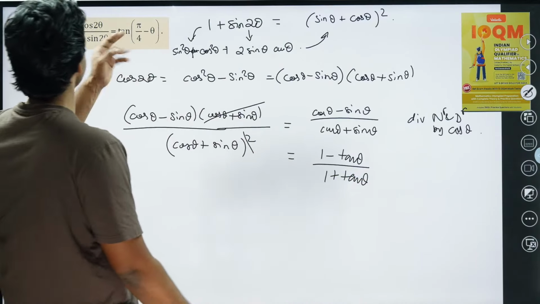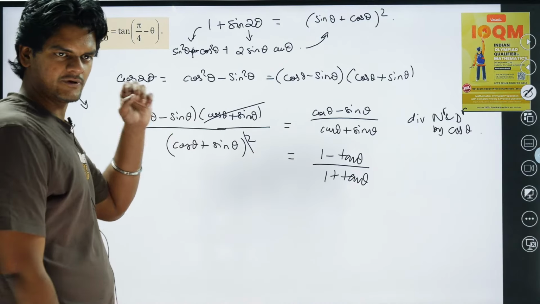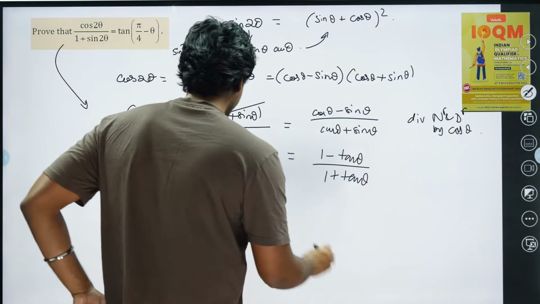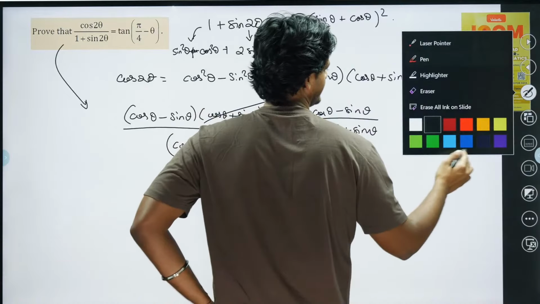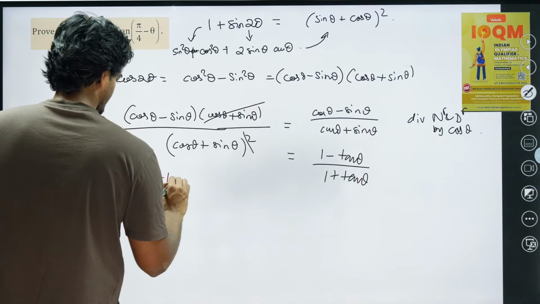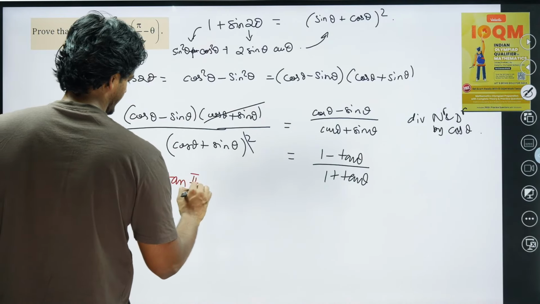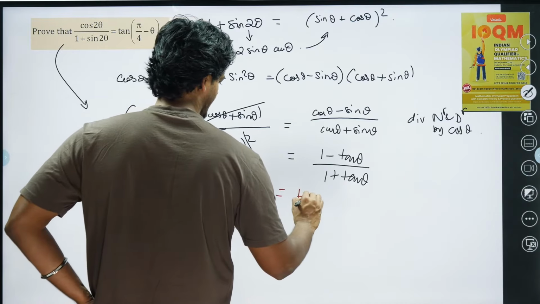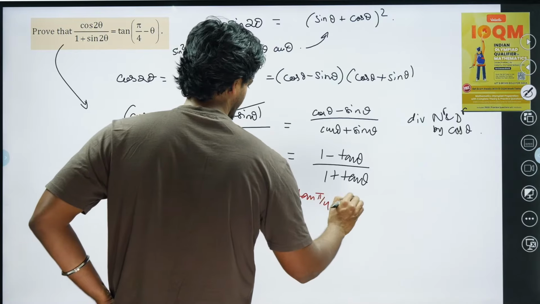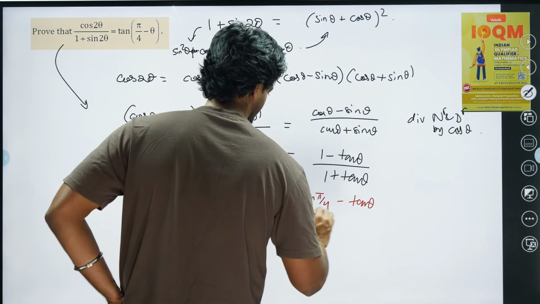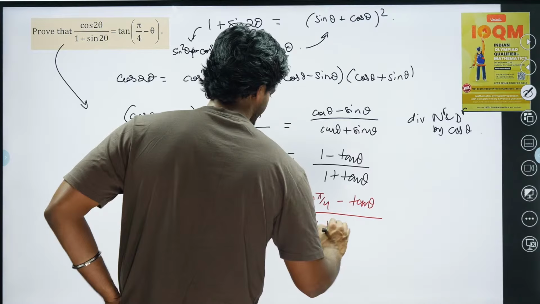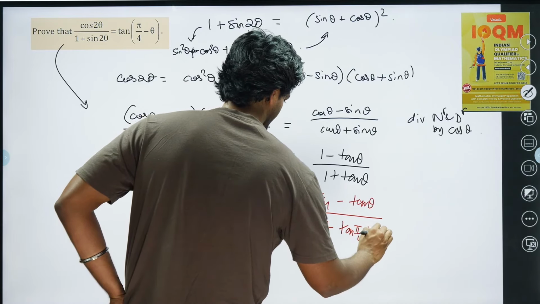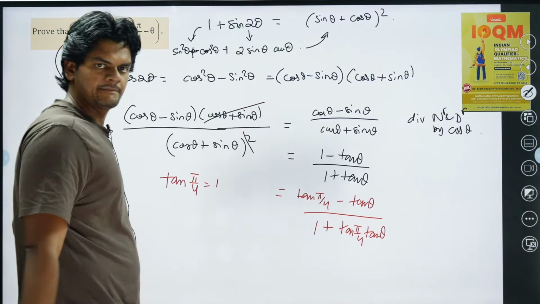But we want something else. If you remember tan A minus B formula, this becomes very easy. We need to know that tan pi by 4 was 1. So this I will write as tan pi by 4 minus tan theta by 1 plus tan pi by 4 tan theta. That makes sense?